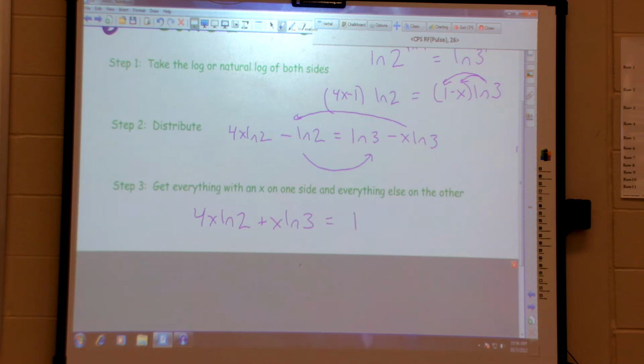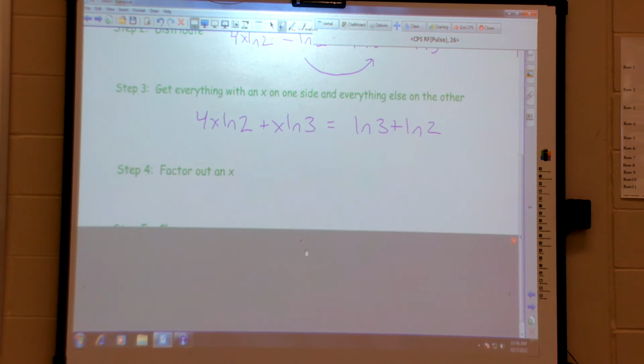The other side I have natural log of 3 plus natural log of 2. I'm adding opposite to get to the other side. So we're good with that by now, right? Add op. So you see how everything on one side, this has an x. This side, nothing does. Everything with an x on one side, everything else on the other. You with me on that step? Okay. Next thing.